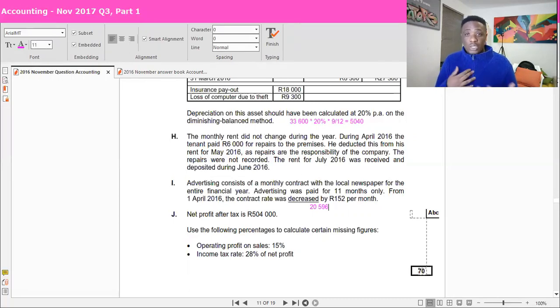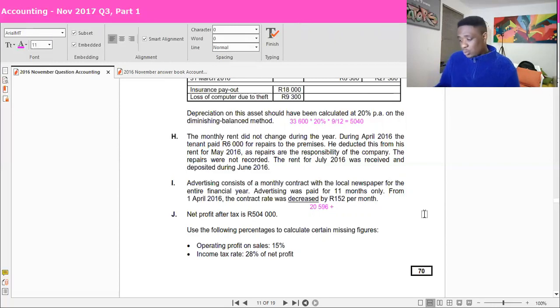But what we need to do first is to determine that before the decrease, how much was the advertising per month. So in order to get that, we cannot just divide by 11 because it was not the same throughout all the months. So what we need to do first is to pretend like there was no decrease and no increase in the advertising.